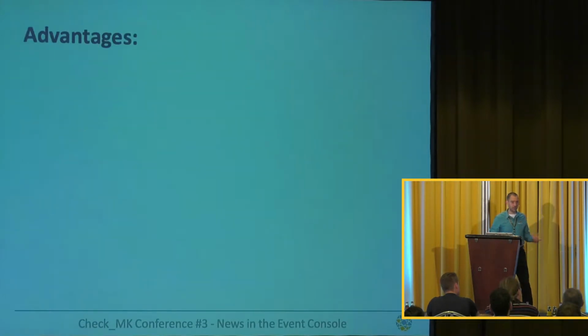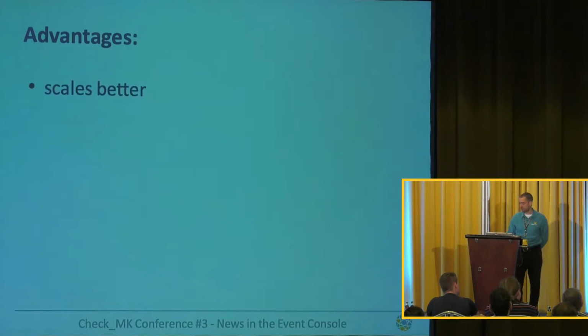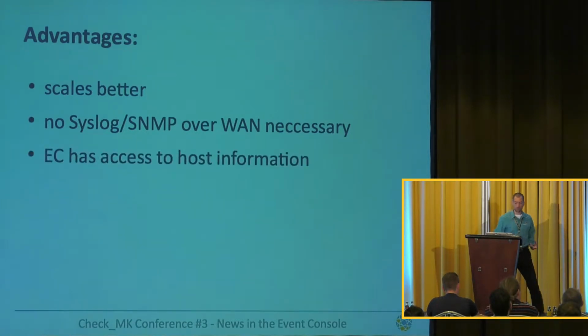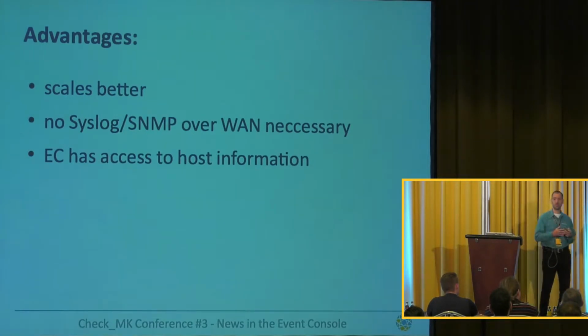So now you can have one event console per location, and you then have the advantage that it scales better. And you do not have to send any events via warning paths or anything like that. So you can just do it the same way the host is monitored, and then it also has access to the host. So simple things like alias, for example, or the correct host name.